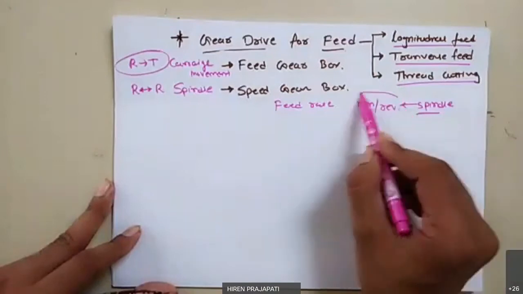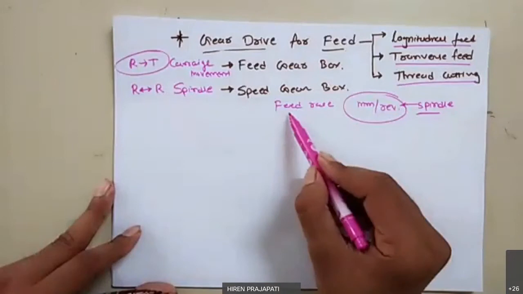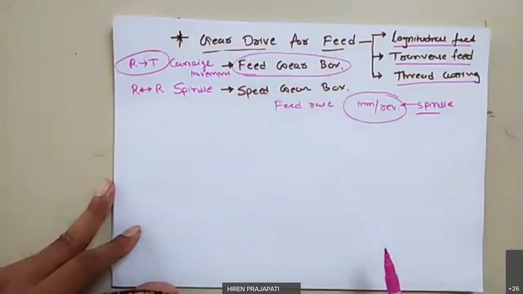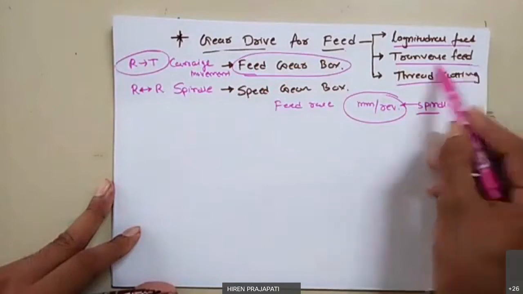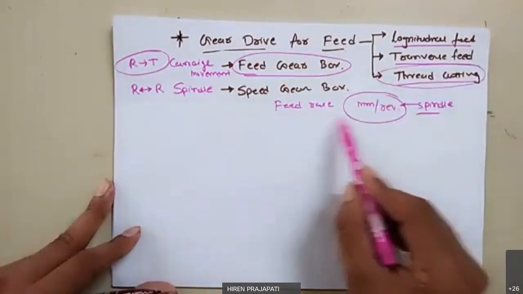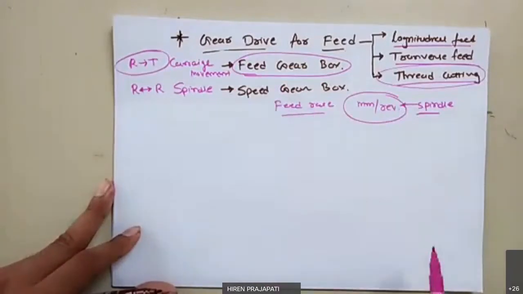So to set particular mm per revolution, you need to go for feed gearbox. Because for different combination, tool and workpiece material combination, or to get different type of pitch of thread, you need to set this feed rate different. And to set that feed rate, we need to go for feed gearbox.